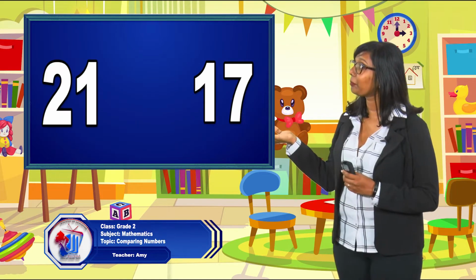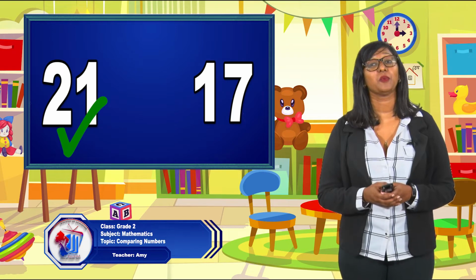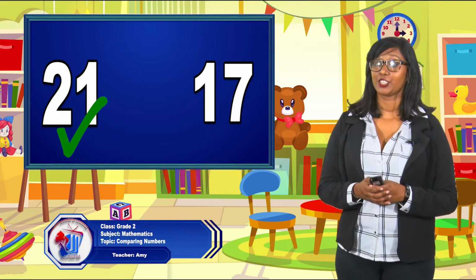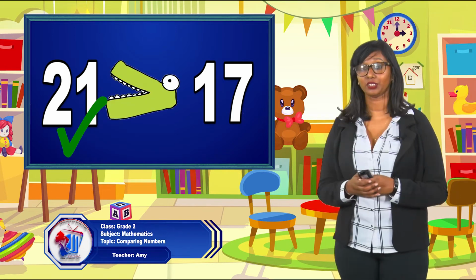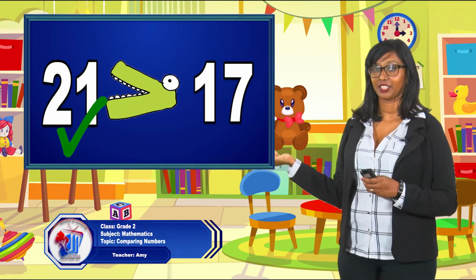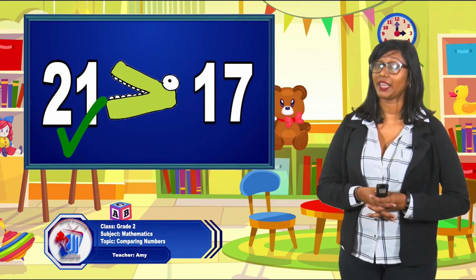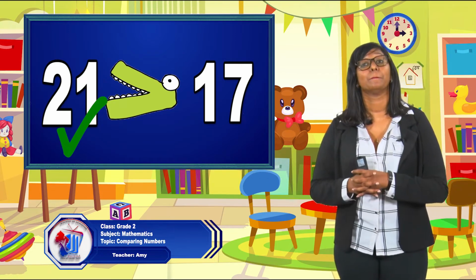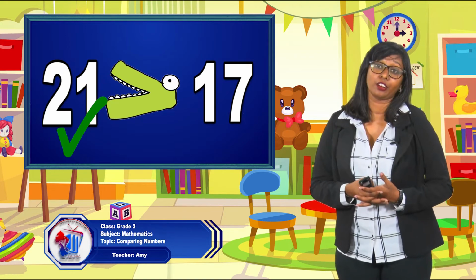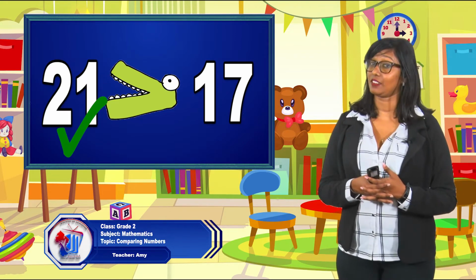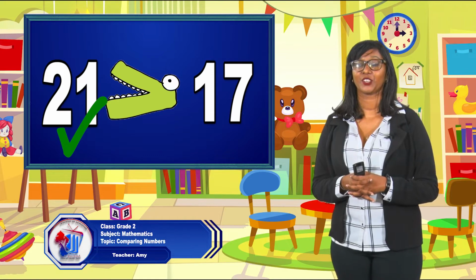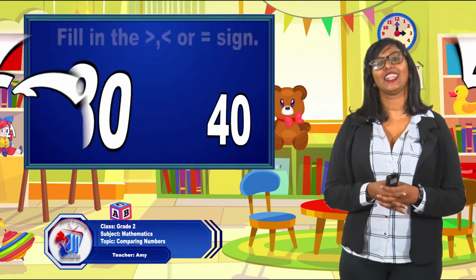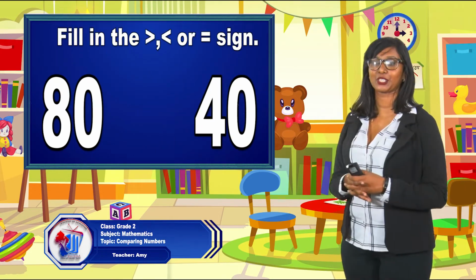And the bigger number here is 21. Very good. So therefore, we are going to use the more than sign. So we can say 21 is bigger, greater, or more than 17. Good job, everyone. Now let us move on to number 2.